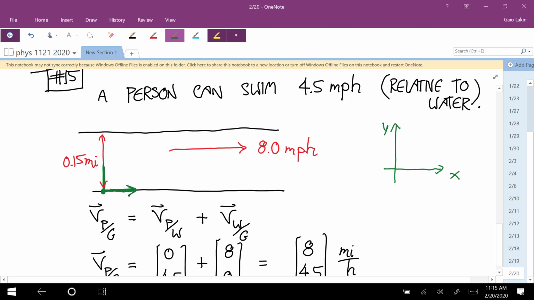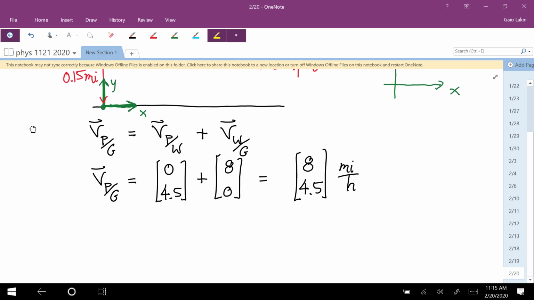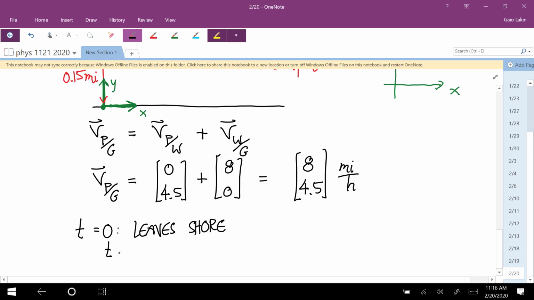You can think of this as a constant acceleration problem. It's actually zero acceleration, but it's zero constantly, so you can use those equations. So there's x and y. And I'll choose my time equals 0 to be when the swimmer leaves the shore, and time t is when the person reaches the other side.